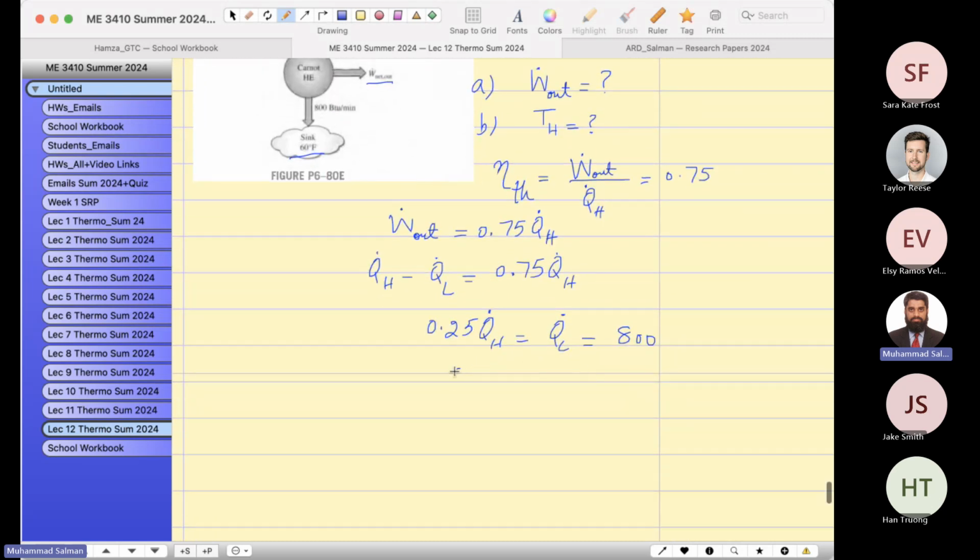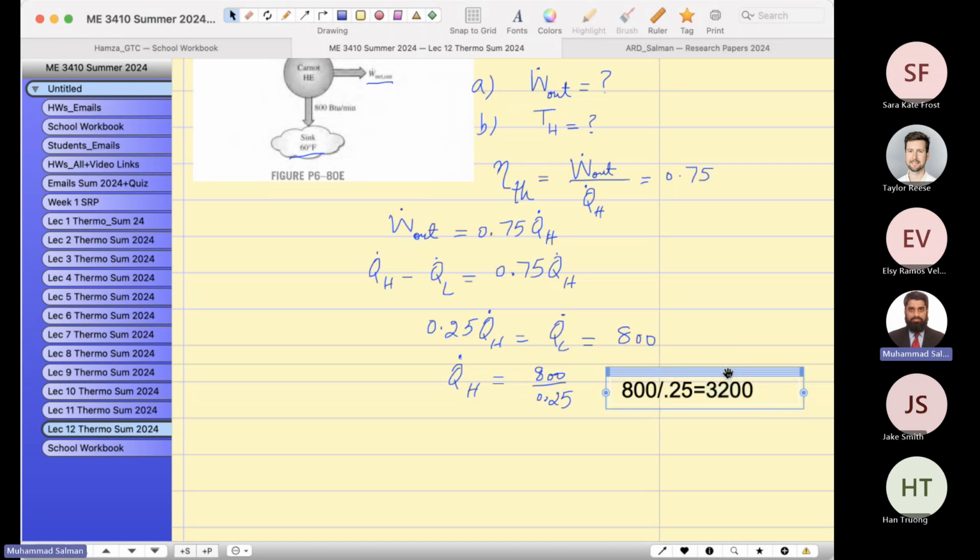So can you find out Q dot H from here? 800 divided by 0.25.